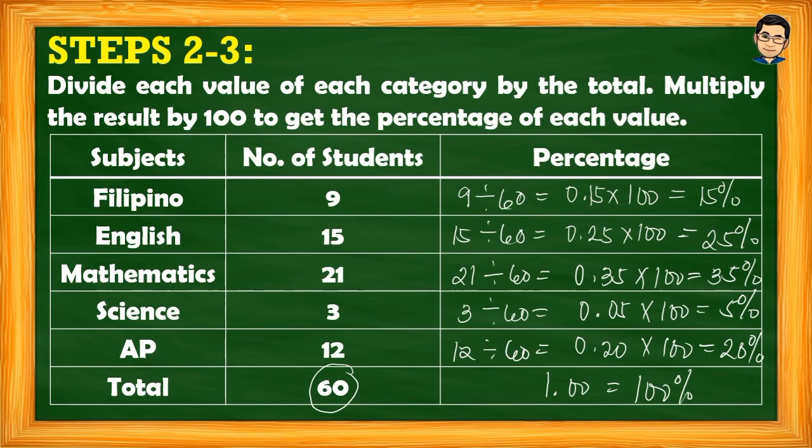Plus 5, 80. And then plus 20, 100. So, ibig sabihin, ayan po yung percentage of students na pumili sa Filipino, English, Math, Science, and AP. And then, kitang-kita naman natin dyan, alin sa mga yan yung highest percentage. So, anong subject yung pinakagusto or favorite ng mga students.